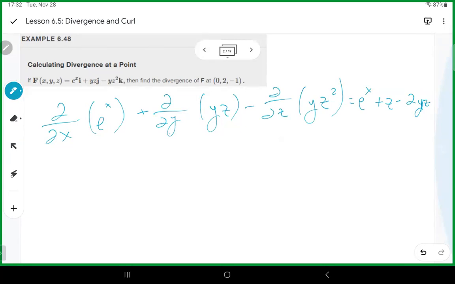So then for the divergence at the given point.